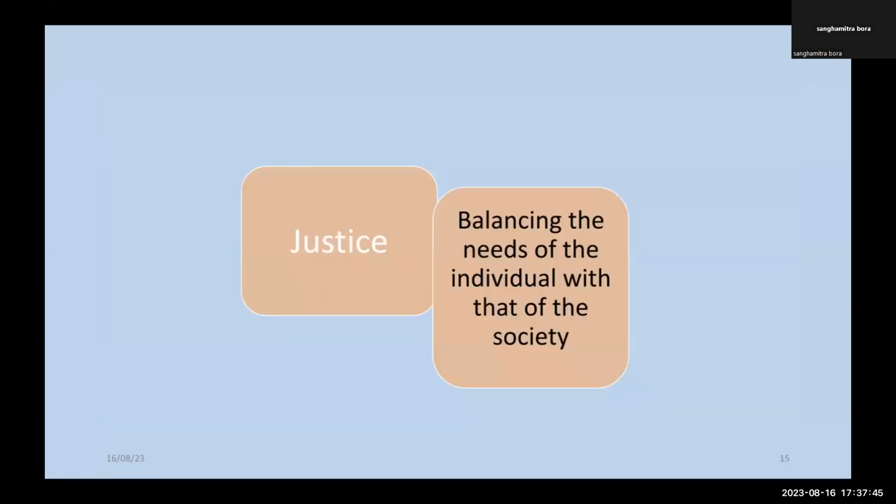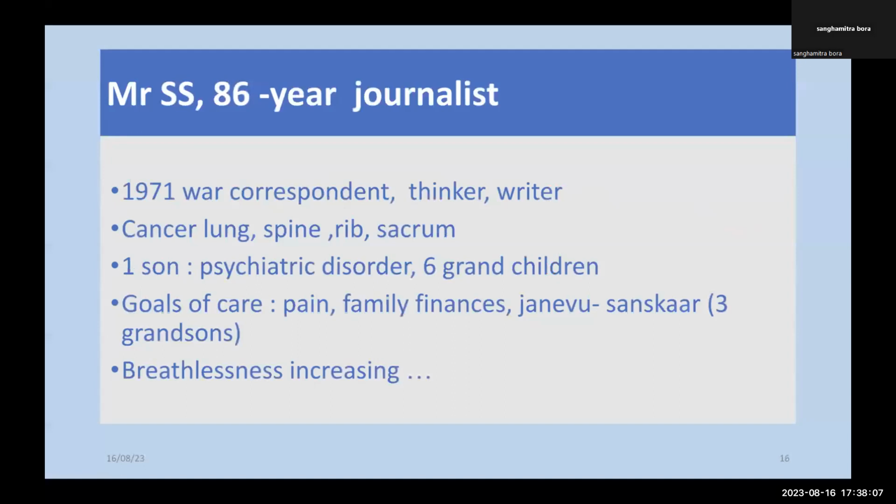So the most important principle that we might as well think about is the principle of justice. And as I said earlier, we need to balance the needs of the individual with that of the society. If we take an example of this particular patient, he is already 86 years old.